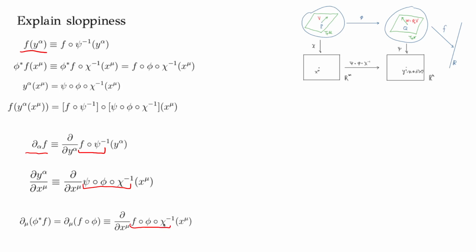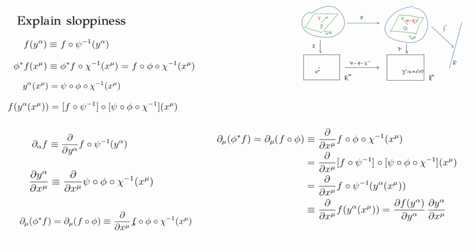Take the inverse of chi, then use phi to go to the point Q, and then use f to go to the point f of Q. So the inverse of chi takes us from x mu to P, phi takes us from P to Q, and f takes us from Q to f of Q.